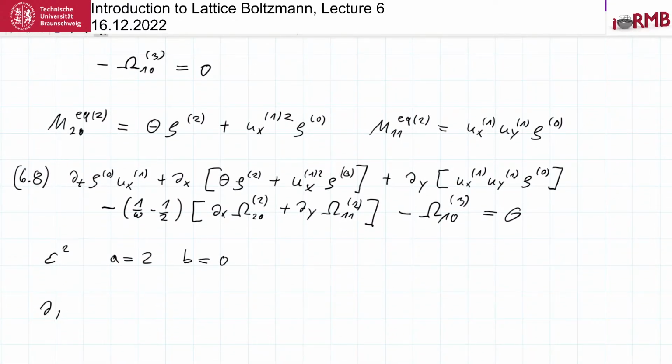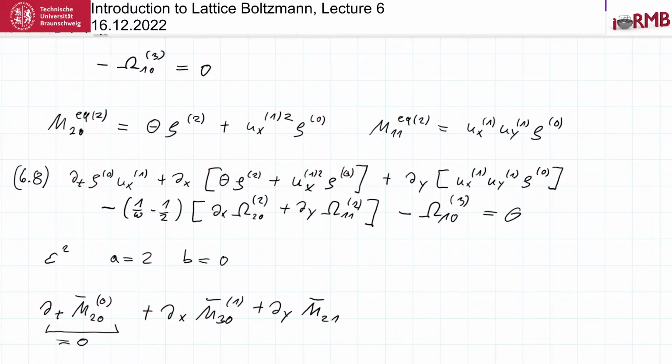The master equation then tells us that we have the time derivative of m20 to 0 order, which we know is equal to 0, because it's a constant. Then dx m30 to first order plus dy m21 to first order minus omega to 0, 2.